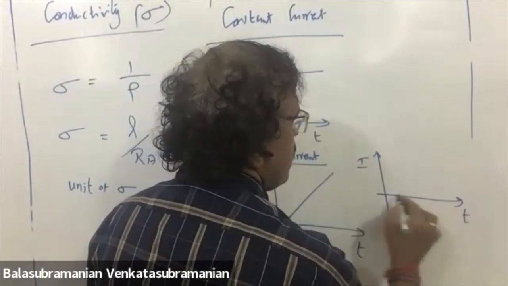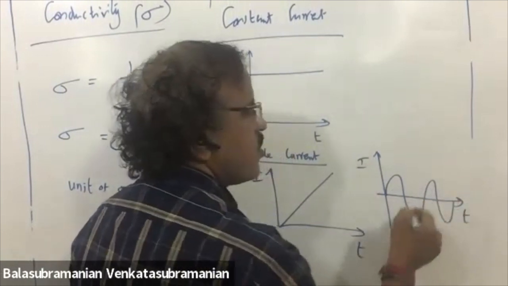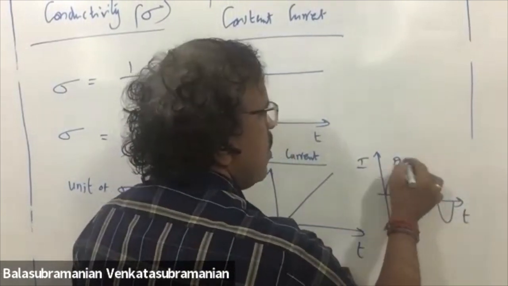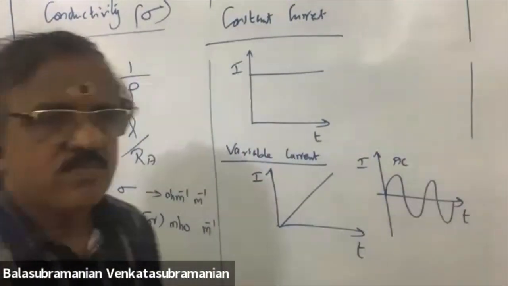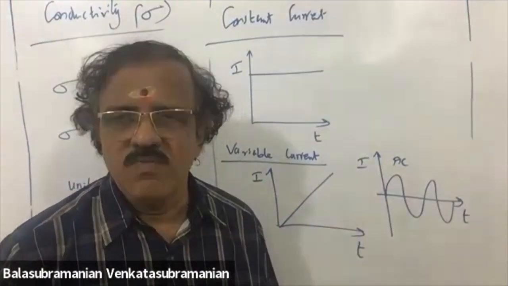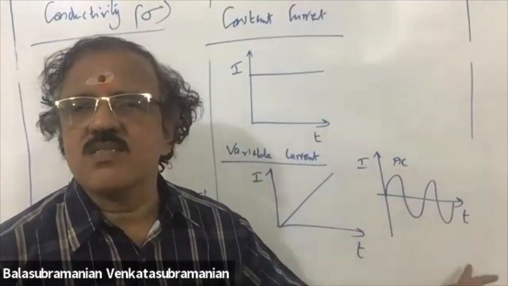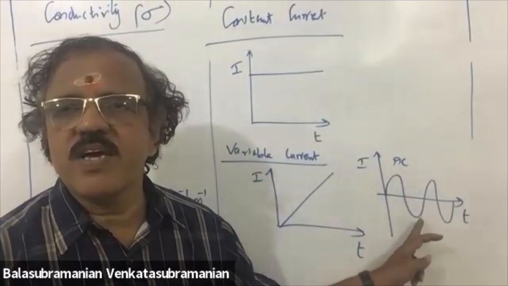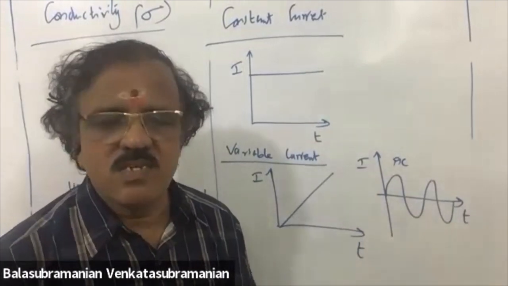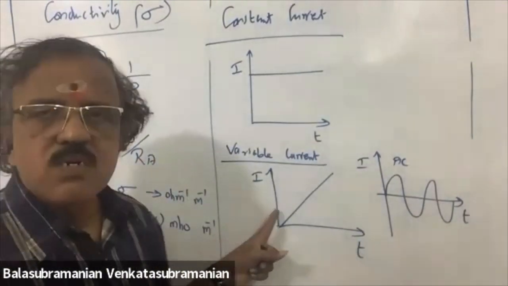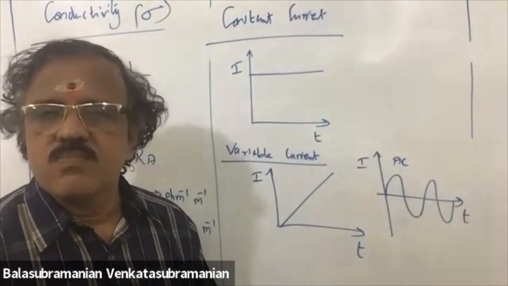Current versus time, this is also uniformly varying. This is called alternating current. Variable current means time varying. That's all. Current is varying with time. Okay. Fine.